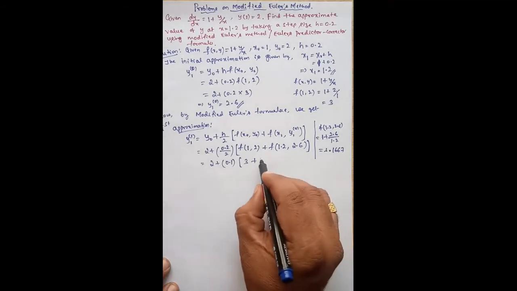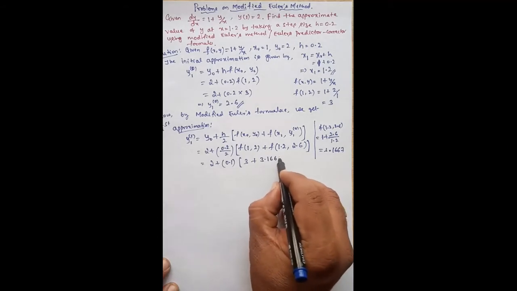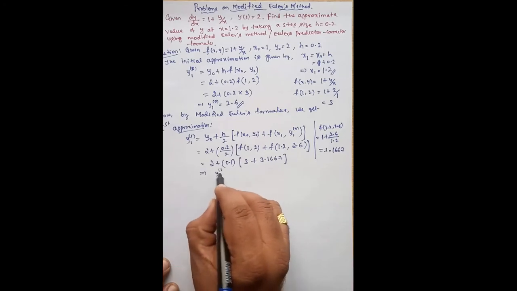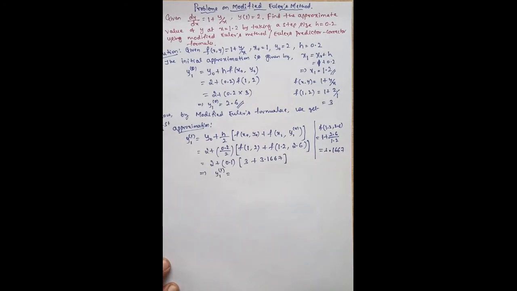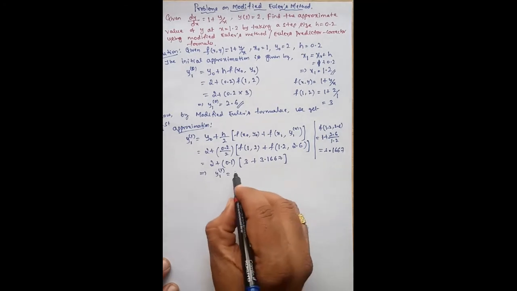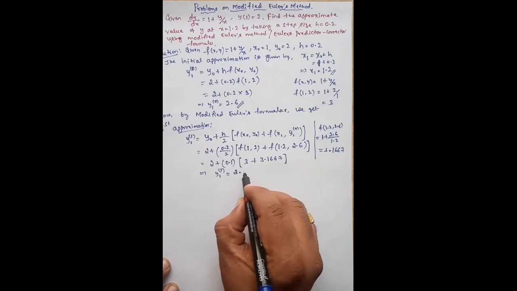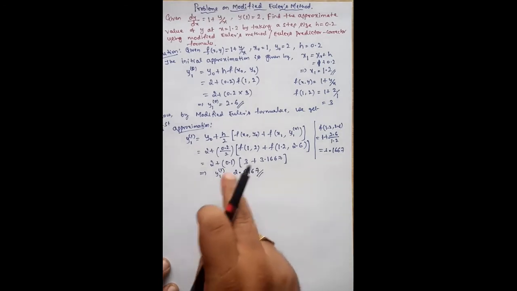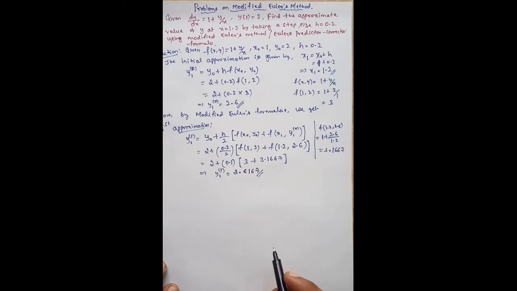So substitute that here. That's 3.1667, and simplify, we get y1 power 1, the first approximation for the problem here. So this comes around 2.6167. So just use your calculators and find out its value.